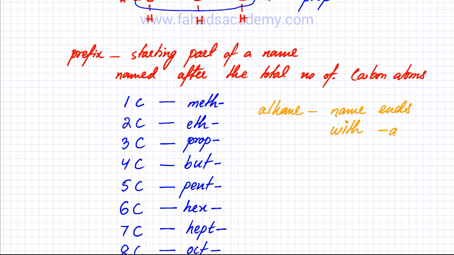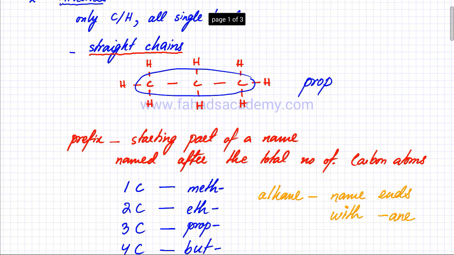For example, the compound that we were studying before would start off with prop, because there were 3 carbon atoms in this molecule, and the suffix, or the remaining name, would be ane. So the name of this molecule would be propane.